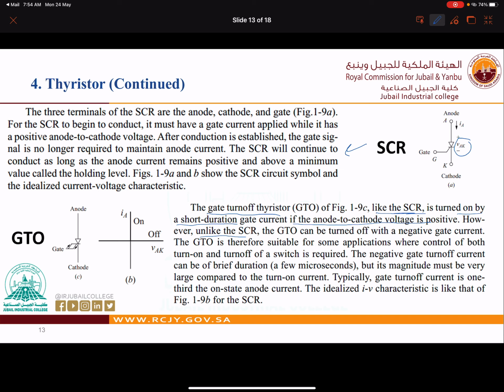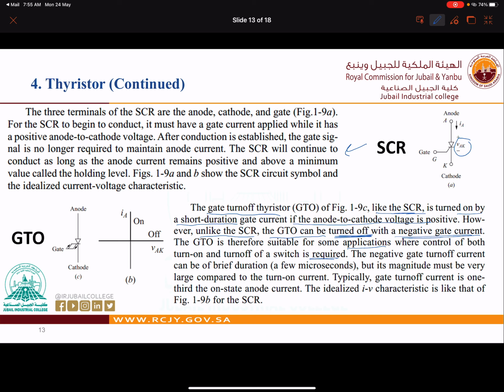However, unlike the SCR, the GTO can be turned off with negative gate current, okay, through the gate, of course. Therefore, it is suitable for some applications where control of turn on and turn off of a switch is required. Then we use GTO.